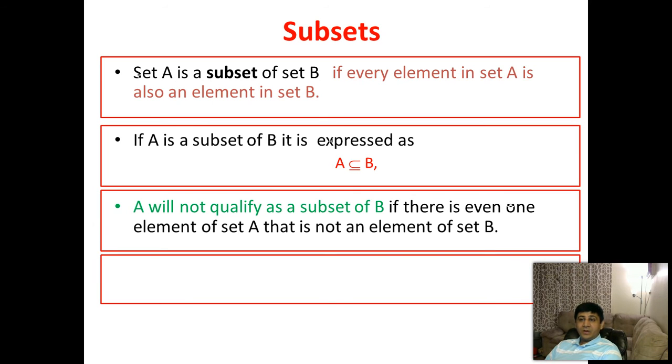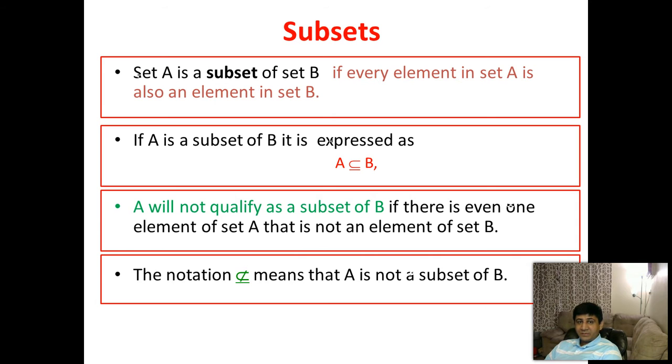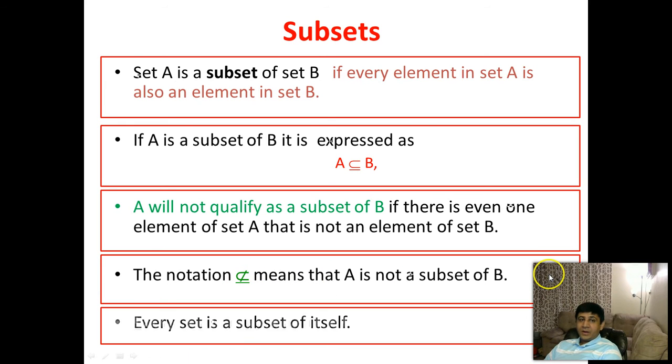It's the same symbol as for the subset, but with a diagonal line through it. This symbol means A is not a subset of B. Now, by definition, every set is a subset of itself. Just keep that in mind.